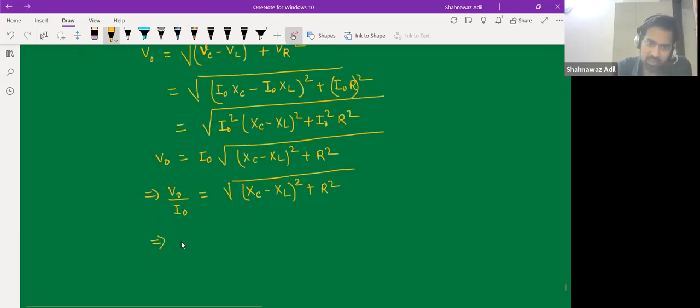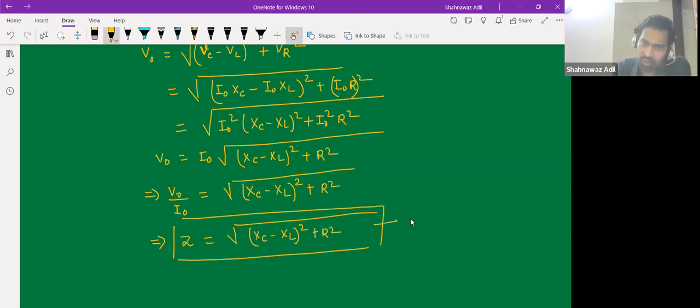So this is denoted by Z, right? And this is equal to root of XC minus XL square plus R square, where this Z is called impedance. This is overall resistance.